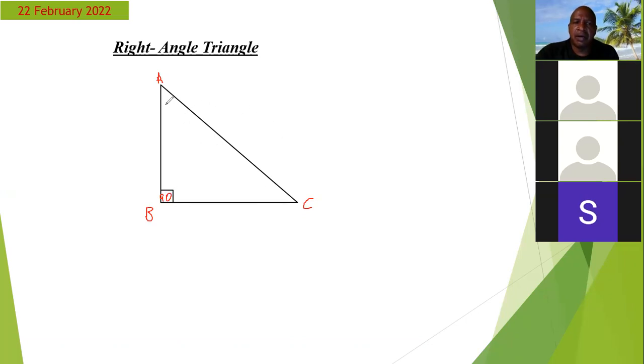And we know that all the internal angles must add to give you 180. Then we can say the angle A plus the angle B plus the angle C must give you 180 degrees.